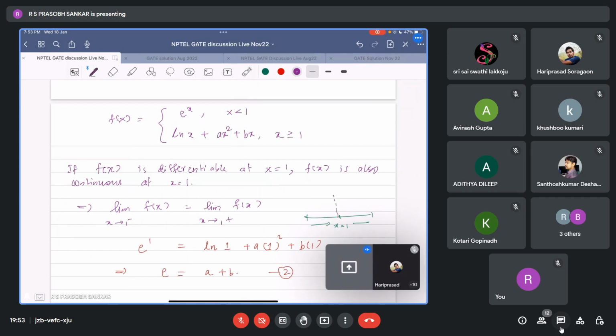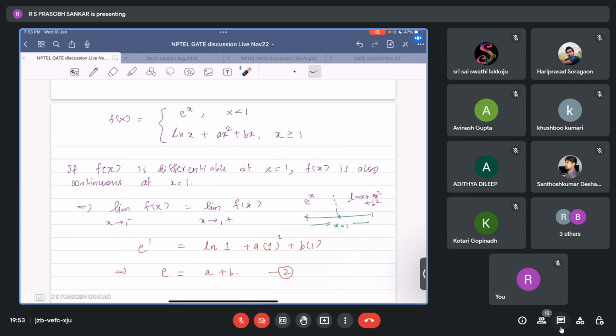Now for the region to the left of x equal to 1, the function is e raised to x, and to the right, it is ln x plus ax square plus bx. So once you approach this point x equal to 1 from either of the directions, the value should be exactly same. Why are we having that? Because the function we are assuming to be differentiable, so it is continuous at that point.